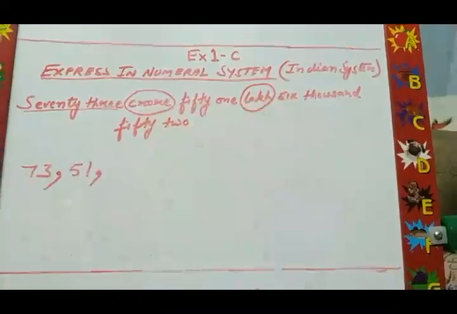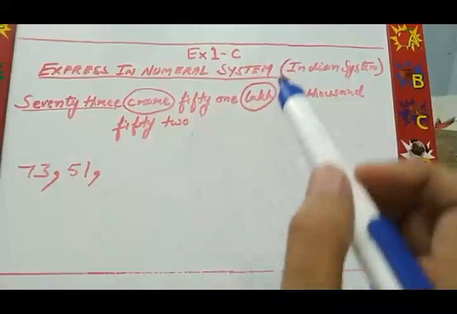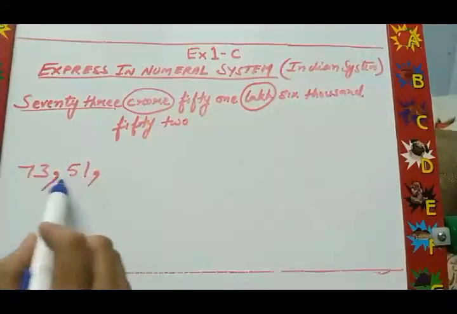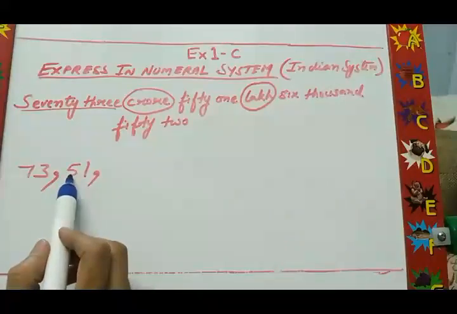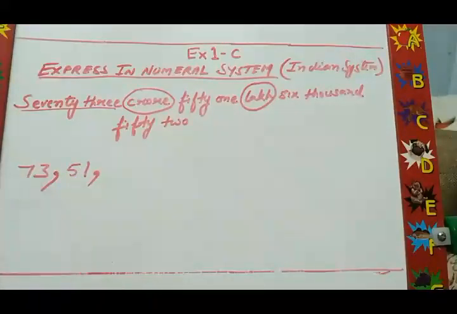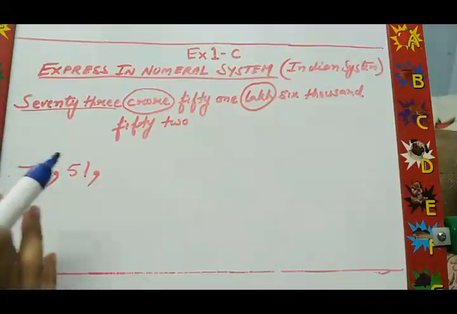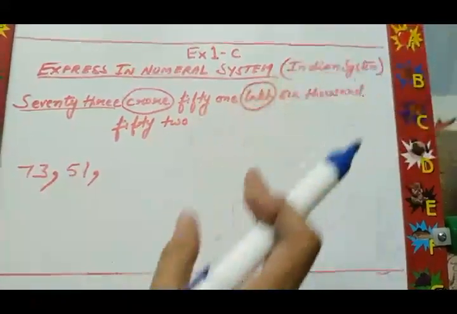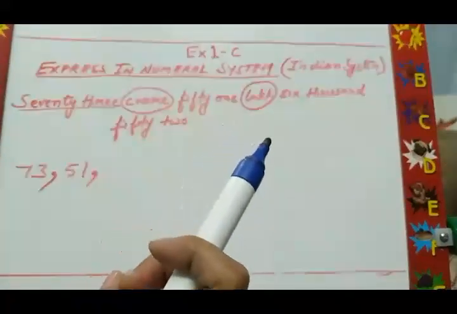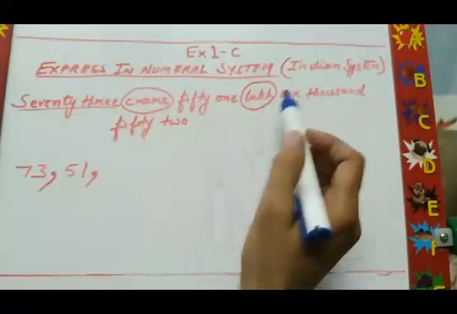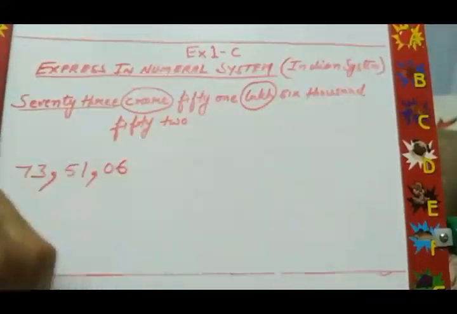Now moving on, 6000. Here is a point to understand, that is between two commas. Look here very carefully. Between two commas there should be two digits, like 5173. If you find a single digit, it means you are bound to take 0 before the single digit, that is 6. So here you will write 06.